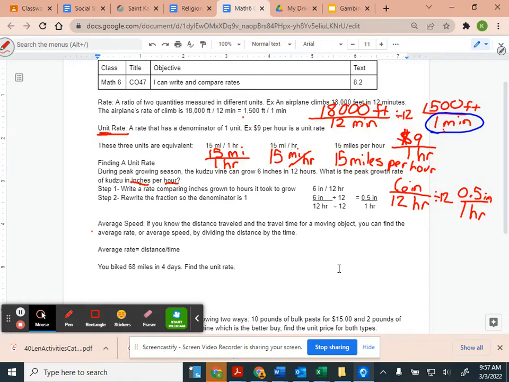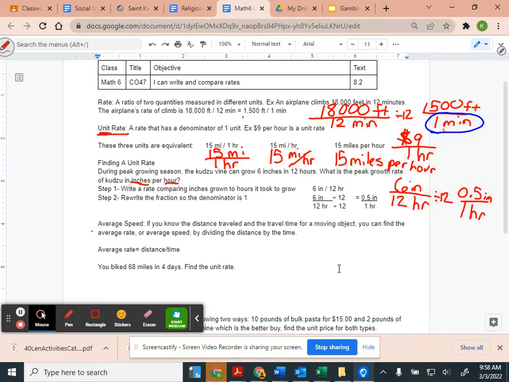So now let's look at speed. We're going to be finding the unit rate when we look at speed. We talked about that, miles per hour. So if you know the distance traveled and the travel time for a moving object, you can find the average rate or average speed by dividing the distance by the time.